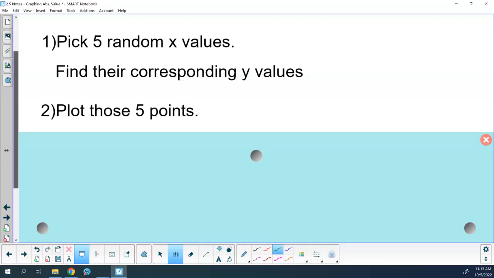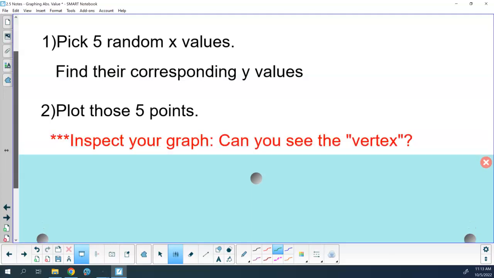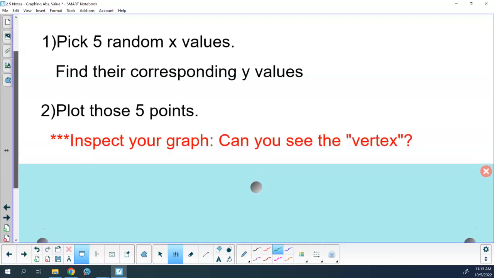Now, here's the downfall of this chart. After you plot those initial 5 points, can you see the vertex? Can you see that V or that mountaintop upside down?